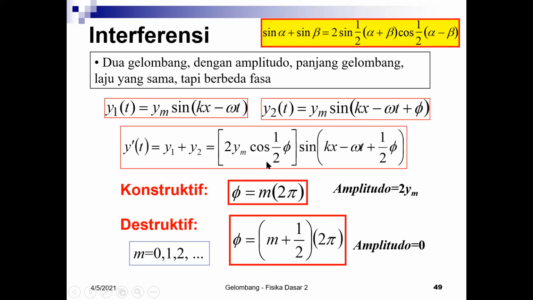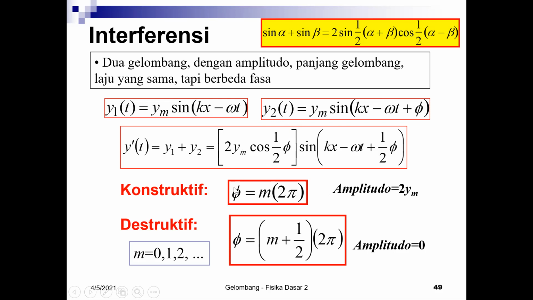Constructive means we have the maximum value of cosine: cosine is 1 when phi over 2 is a multiple of pi, so phi should be 2 pi n.